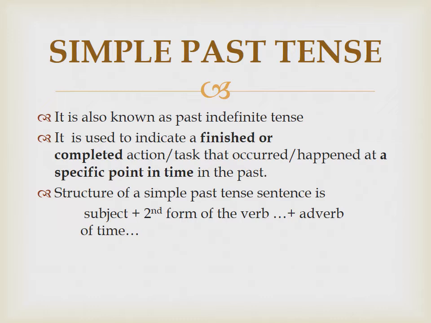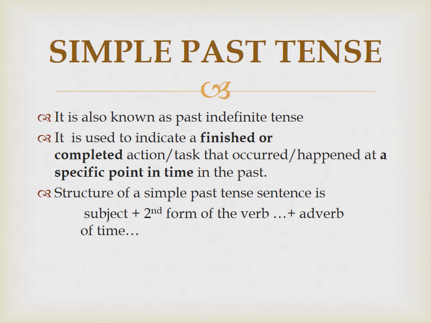Okay, simple past tense. The next one is simple past tense. It is also known as past indefinite tense. It is used to indicate actions completed or the tasks that have already taken place before the present time.